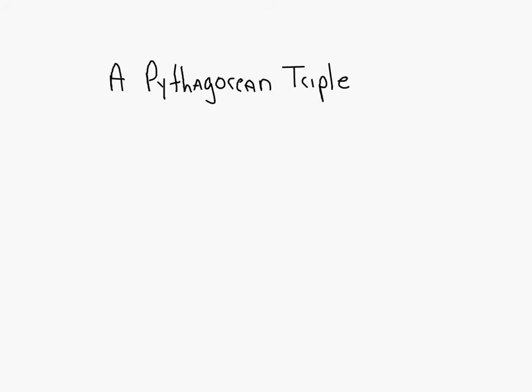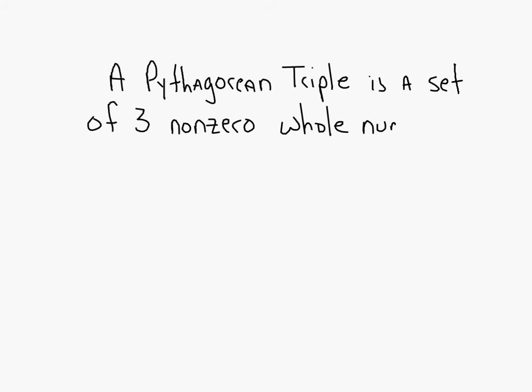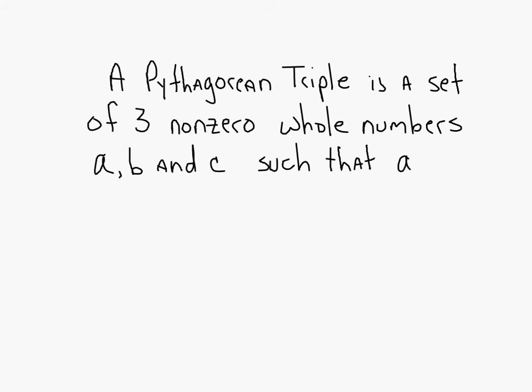A Pythagorean triple is a set of 3 non-zero whole numbers A, B, and C such that A squared plus B squared equals C squared. Basically a set of whole numbers that forms a right triangle.